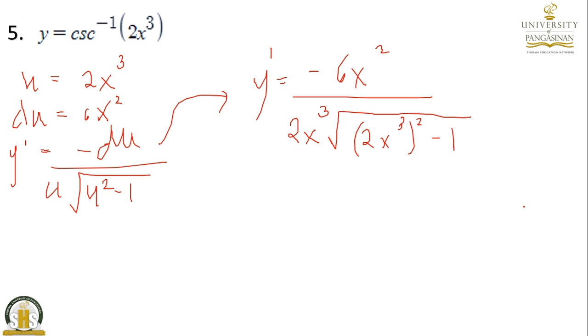O, ganyan lang po kasimple. Negative 6x squared all over 2x cube times the square root of quantity 2x cube squared minus 1. Inside quantity tayo. Then y prime is equivalent to, so, pwede tayo since monomial to monomial ito, pwede, no? Kung i-isolate natin tong 6x squared and 2x cube, pwede silang makancel.